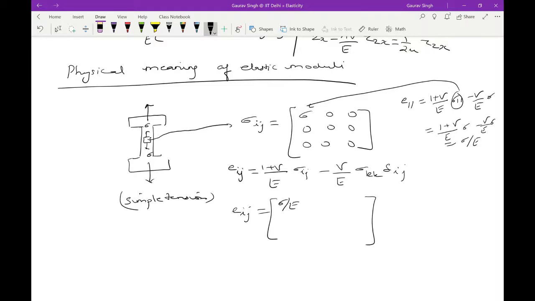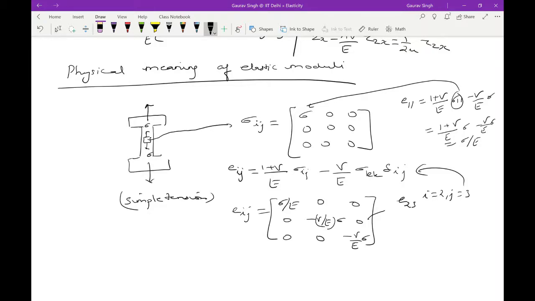Similarly, you can find all the other 9 terms, most of them are 0. Just for example, if you had to find e23, you should put i equal to 2 and j equal to 3 in this, and then find this value.